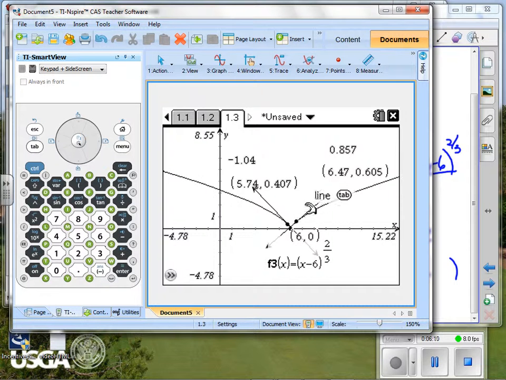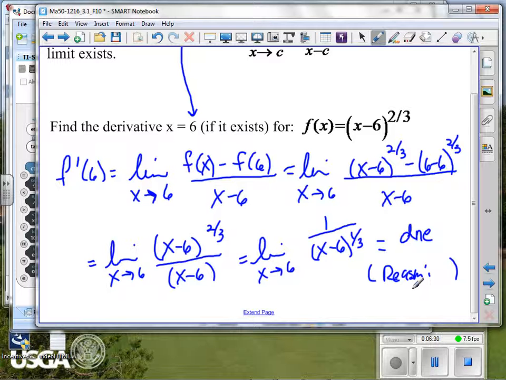What about on the right side? Positive 1. Is there any way for a negative quantity and a positive quantity to meet? No. They're not going to the same place. So, tell me, why does the limit not exist over here? Two different one-sided limits.